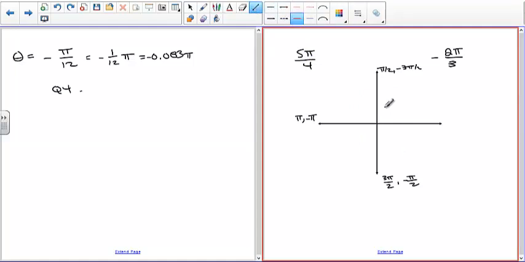Remember that one part of the angle goes in the positive x direction. 5/4 is greater than 1. So if we go pi over 2 pi, it's going to be in this direction. And if you think about 1 and 3/2, 5/4 is right in the middle. So the angle 5 pi over 4 is going to look like that. So this is pi, and then 1/4 of the way past it is 5 pi over 4.